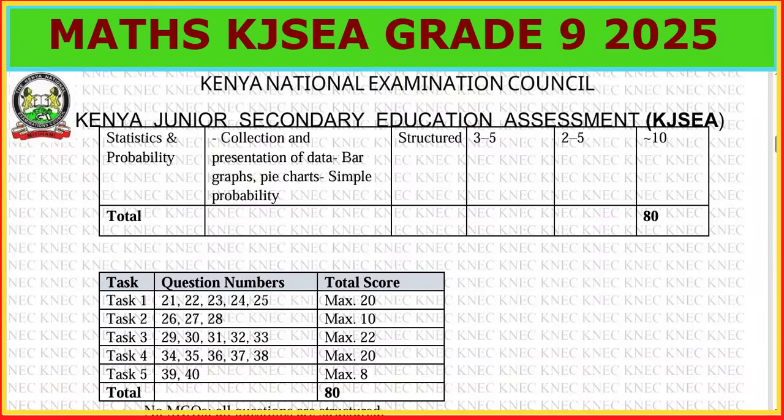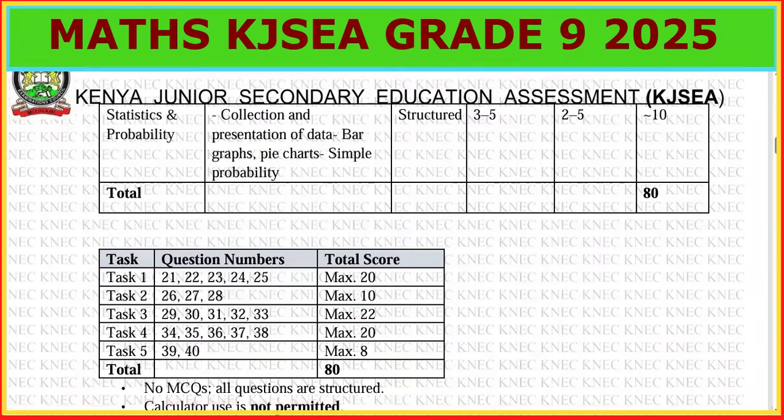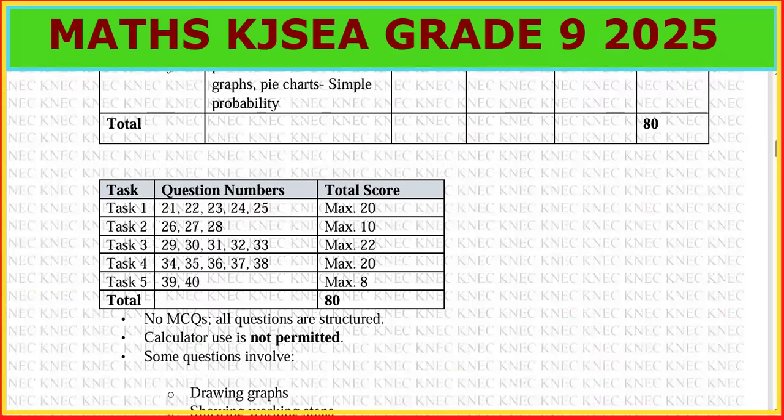Next, can you see the tasks? Task 1, questions 21, 22, 23, 24, 25, maximum of 20. Task 2, questions 26, 27, 28, maximum of 10. Task 3, 29, 30, 31, 32, 33, giving us a maximum of 22.